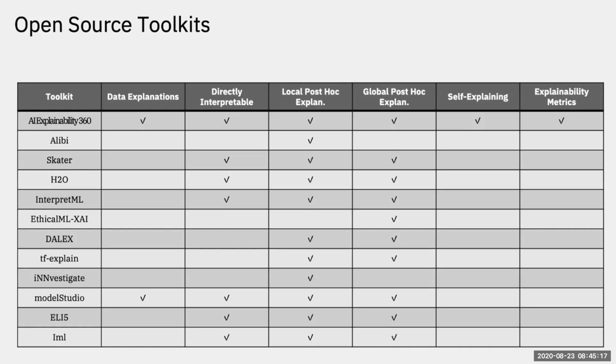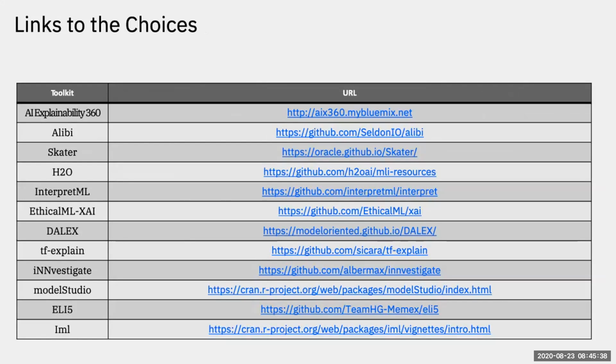There are fewer that have directly interpretable approaches, and even fewer that have explanations for data, self-explaining methods, or explainability metrics, which are proxies for how a human might judge an explanation. And here are the links to all of those open source toolkits. I'm flashing them on the screen so that you can see the links, and then later on you can go explore and click on these URLs.